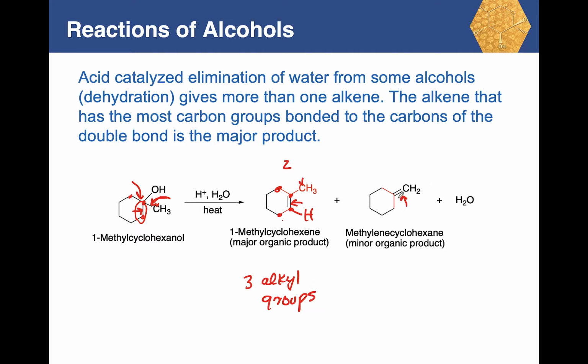Let's look at this one. Here's one carbon off the double bond. It has none. Here's the other carbon off the double bond, 1 and 2, so 2 alkyl groups. Therefore, this is the major product for that reaction.